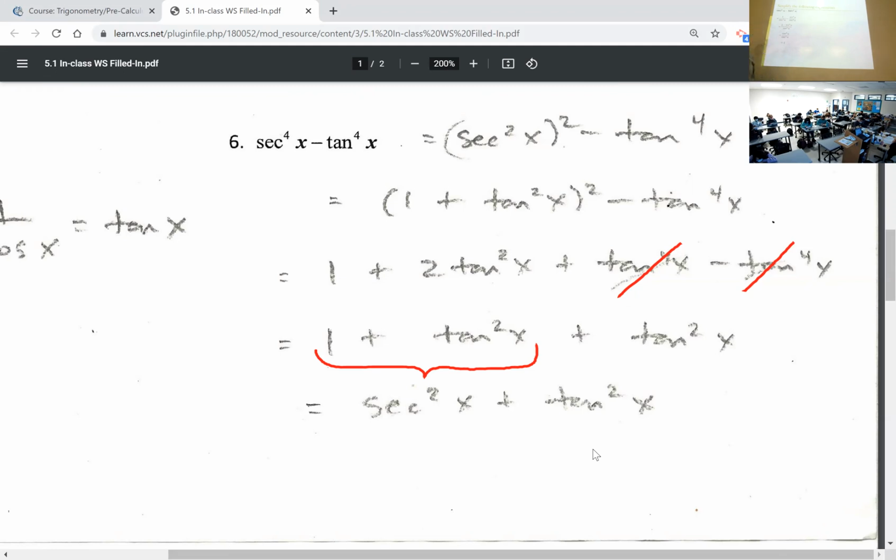So 1 plus tangent squared x, I can combine that into secant squared x plus tangent squared x. So I took the original, which was up to the 4th power, and I reduced it to something that was the 2nd power. So it's a little bit simpler.